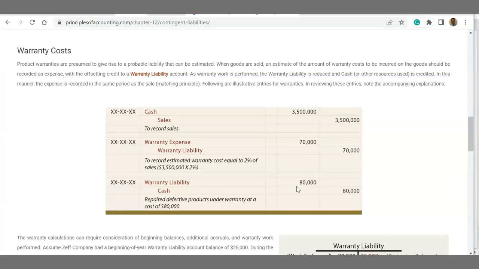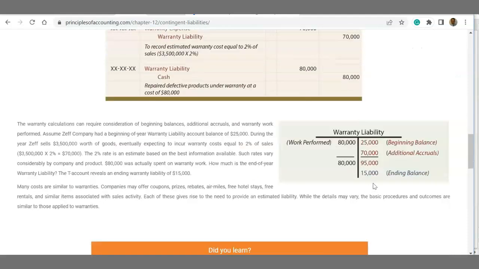So here, as you see, the liability was recognized for $70,000, but the actual liability was more than that, $80,000. So it looks like we didn't recognize enough liability in this year. Let's say the warranty liability at the beginning from last year had $25,000 in it.